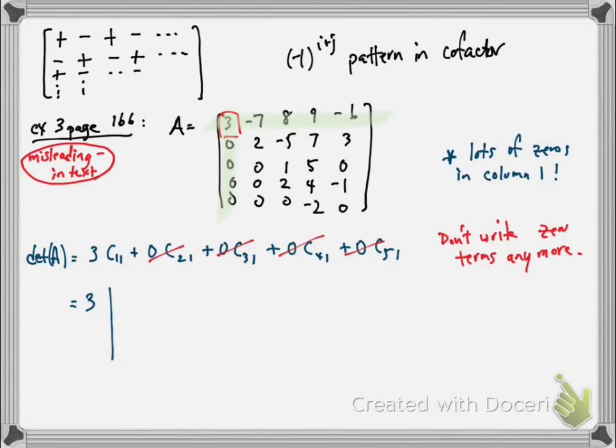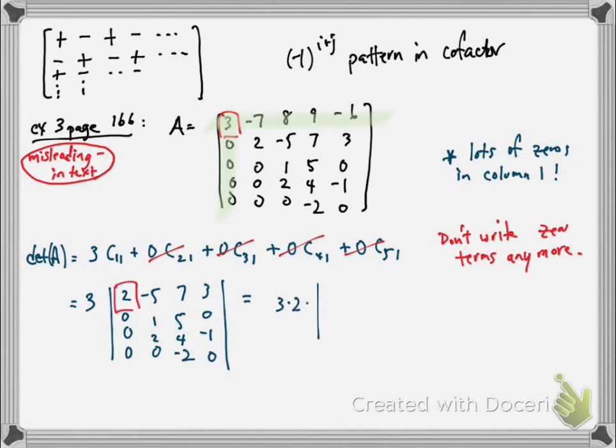So this 1,1 cofactor, it's the determinant of this 4 by 4 submatrix here. And to compute the determinant of that 4 by 4 submatrix, well, I notice that there's a bunch of zeros in the first column again.